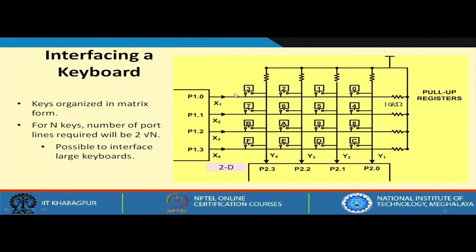So, once you connect these 16 switches in a 4 by 4 matrix, you do not require 16 wires, you need 4 wires in the rows and 4 wires in the columns, right. And as you can see, there are resistances to a positive voltage, the pull up resistors, connected to the rows as well as columns. Let us see how it works.